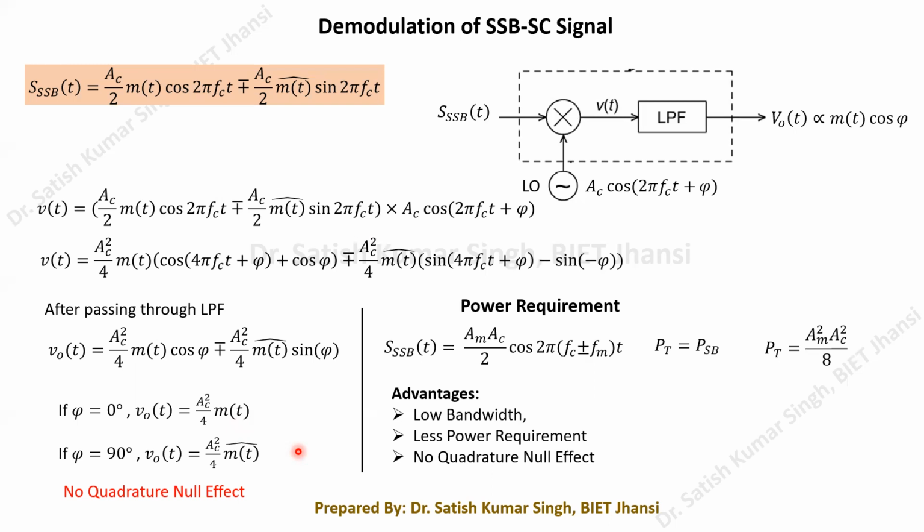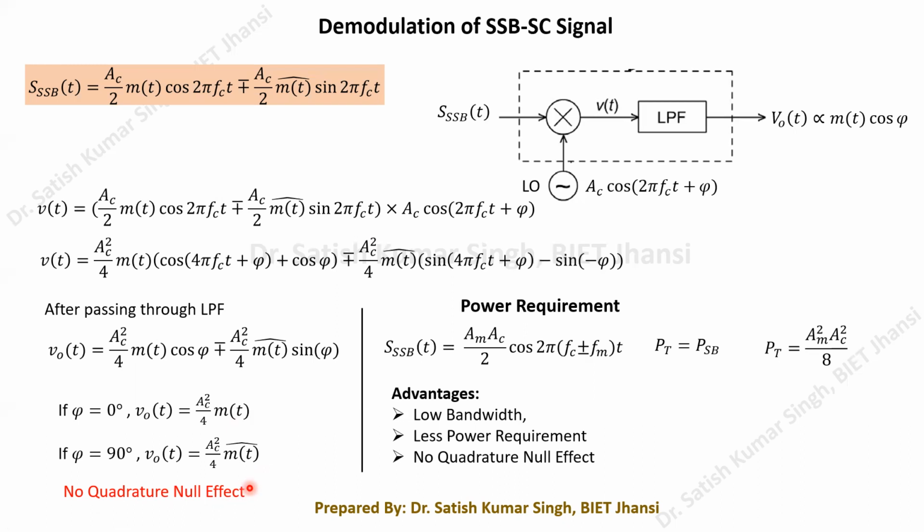But here in the SSBSC case, because of its inherent property, even if we are not giving the same carrier, even with phi equal to 90 degrees, we will still be able to recover the original message signal. Therefore there is no quadrature null effect in SSBSC modulation. This is a very important advantage of our SSBSC signal.